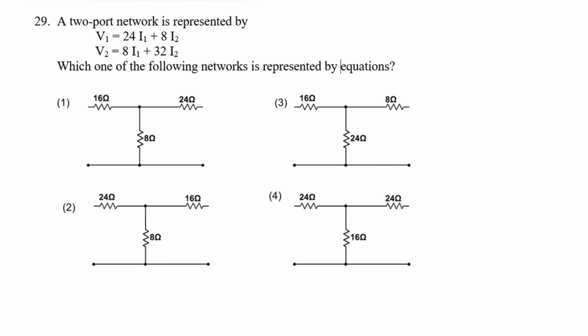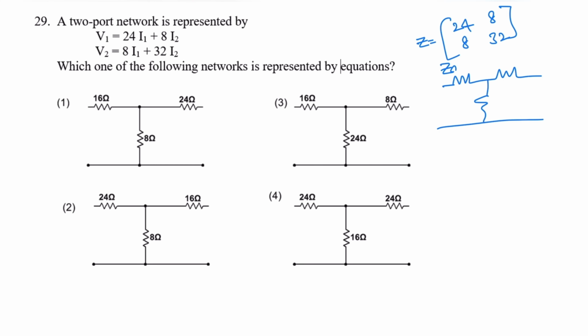Next question. A two-port network is represented by the expressions V1 and V2. So from this, the Z matrix is 24, 8, 8 and 32. So this is equivalent to ZA, ZB, ZC. So ZA plus ZC is 24, ZC is 8, ZB plus ZC is 32.